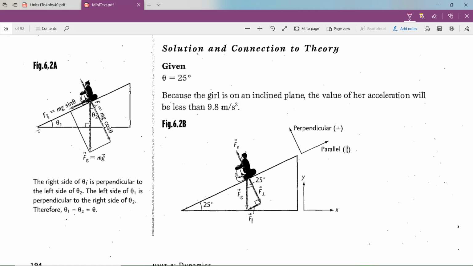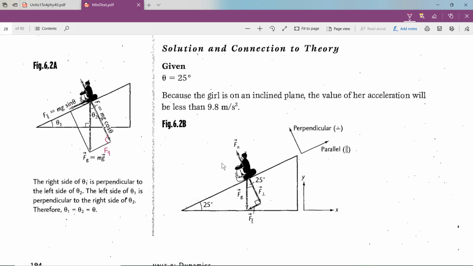If you just flip this triangle over, you'll see there are similar triangles, so theta 1 equals theta 2. And if this is my right angle triangle, then the force of gravity is my hypotenuse, so mg cos theta, and then my F parallel is mg sine theta. Oh, we have it written up there.